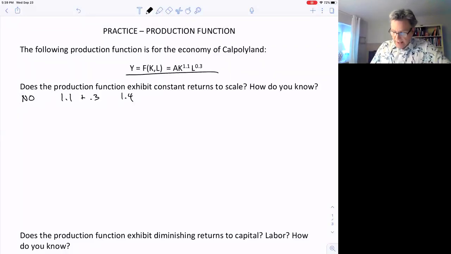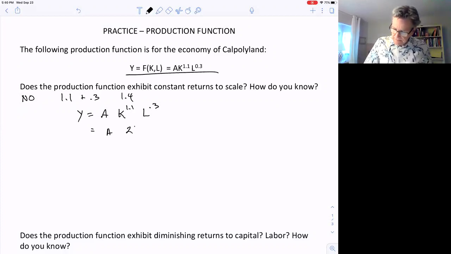We can show that by taking the production function, A K to the 1.1, labor to the 0.3, double labor and capital, and see what happens. So if we double capital, we'll have 2 times capital to 1.1, 2 times labor to the 0.3.